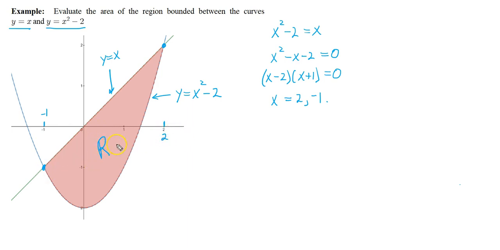And so to find the area of this region, we need to integrate from -1 to 2 of the upper curve minus the lower curve.